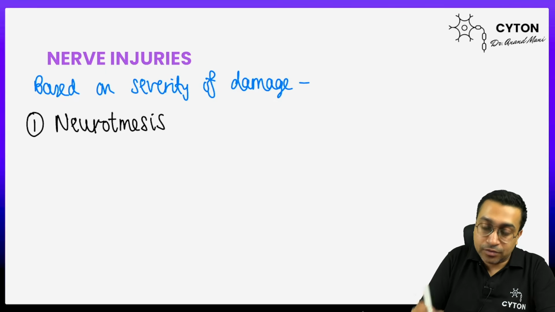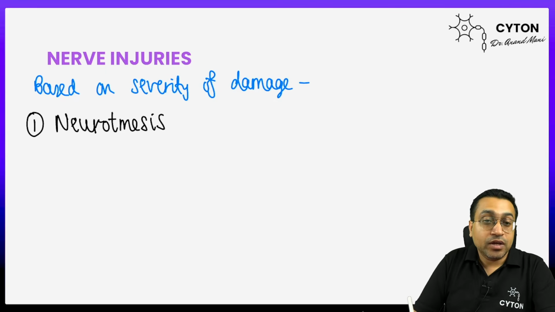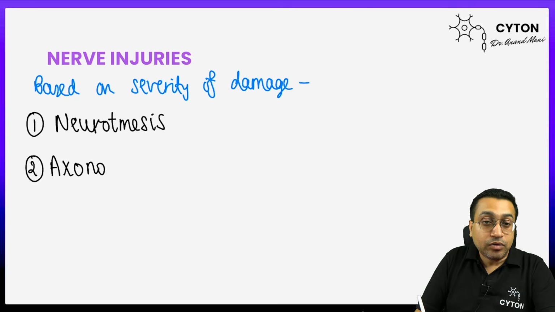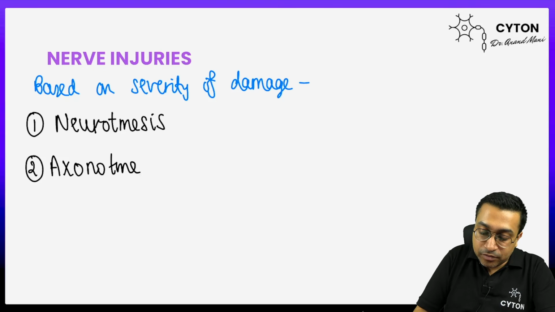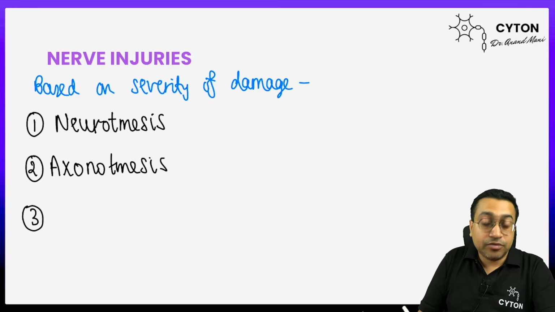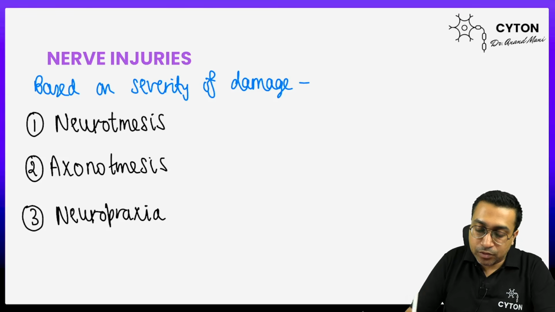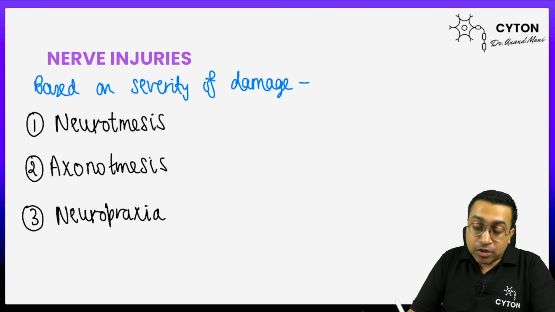Then you have number 2, axonotomesis. I will explain what these are. Number 3, neuropraxia.